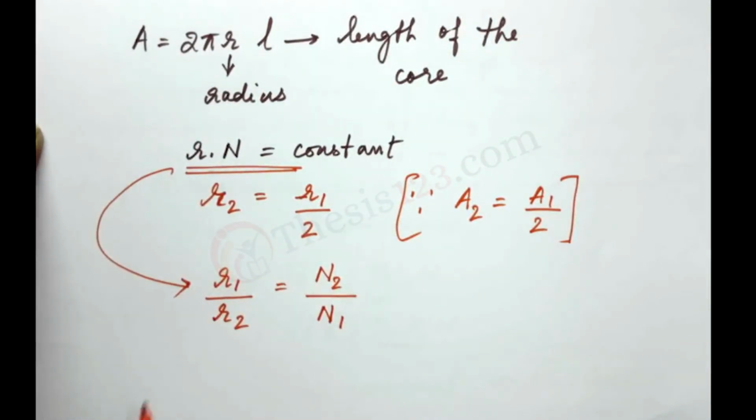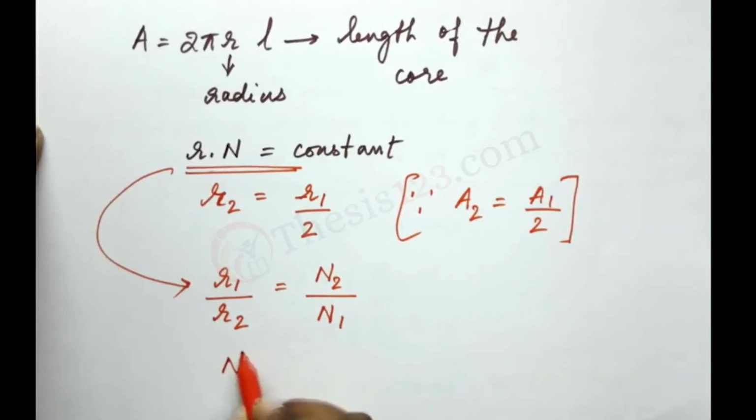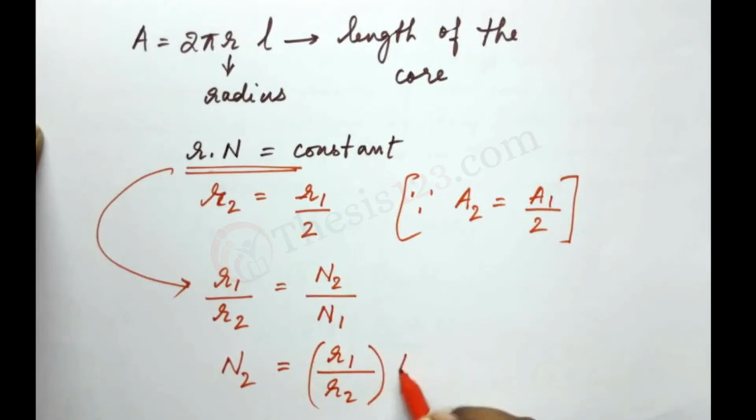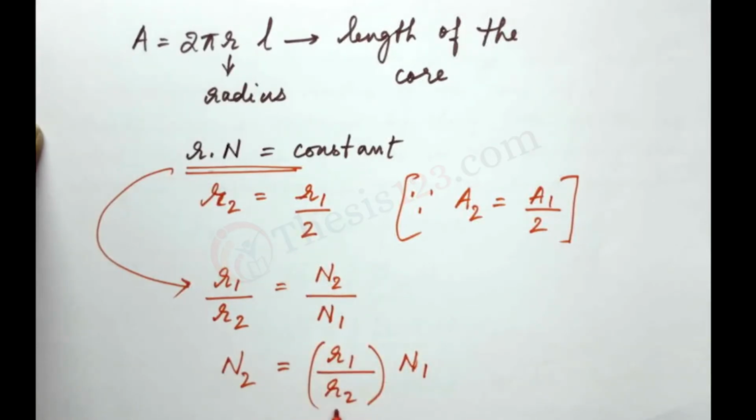So this is the ratio that we can write down for radius and number of turns. We have our initial value of the radius, and we also know that the initial number of turns is N. So if the radius is reduced by half, what happens to the number of turns? Let's see now. We'll have to write it in terms of N2. N2 is equal to R1 by R2 into N1.